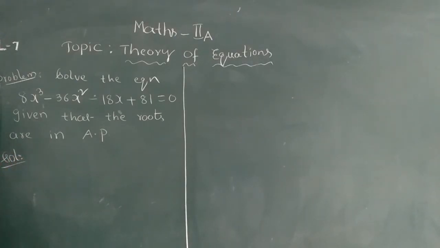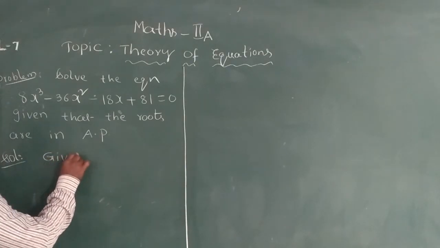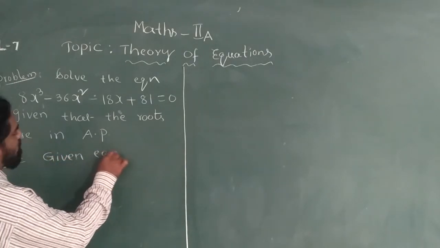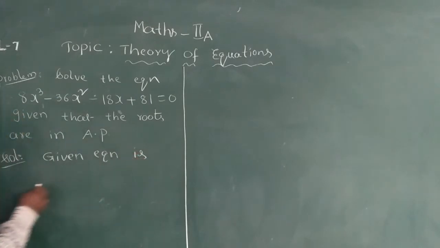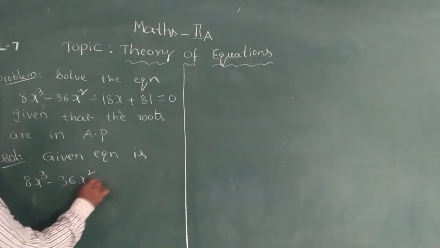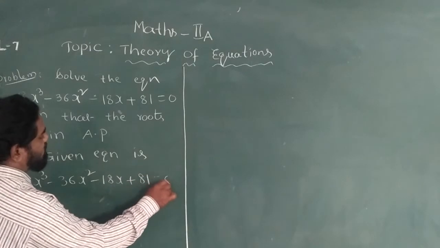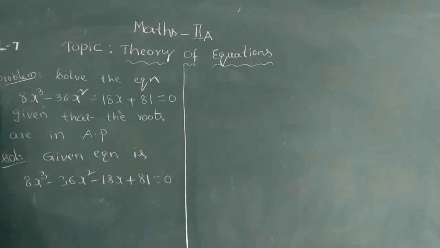Let us see the solution. Given equation is 8x cube minus 36x square minus 18x plus 81 equal to 0.